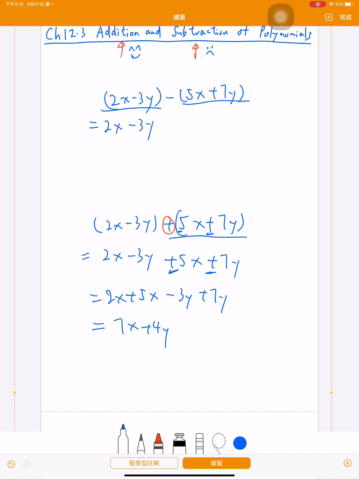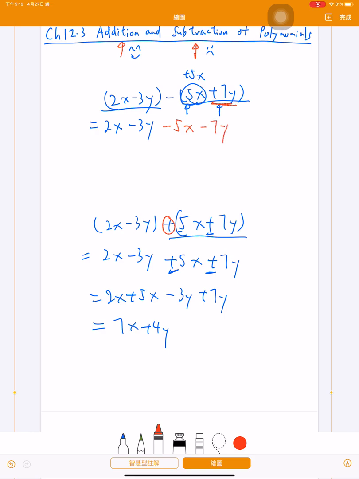But for the second bracket, this one is a minus, right? So after we remove the brackets, all the signs inside the brackets will be changed. For the first one, this one is a positive 5x, then it becomes minus 5x. For the second one, it is a positive 7y, then it become minus 7y, right?